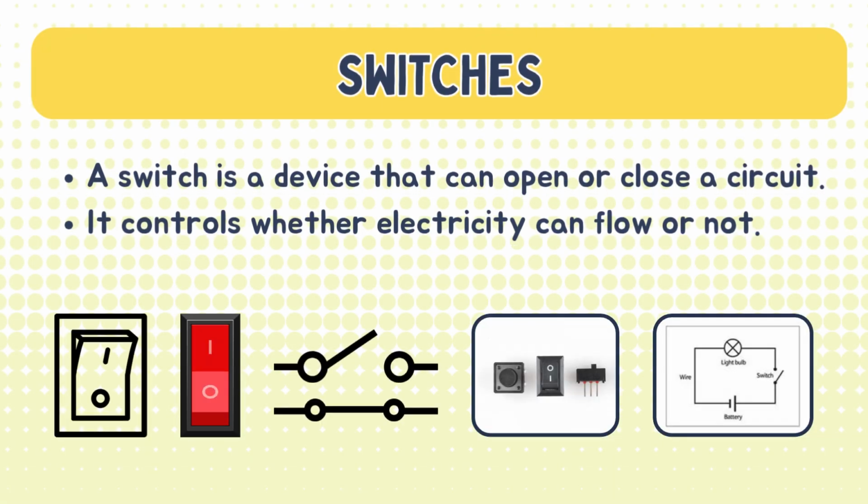Switches. Switches are like traffic lights for electricity. When the switch is off, the road is closed. When the switch is on, the electricity can go through. If you look at the third picture, the top one is also a switch, how we draw it. The top switch is when the circuit is open.